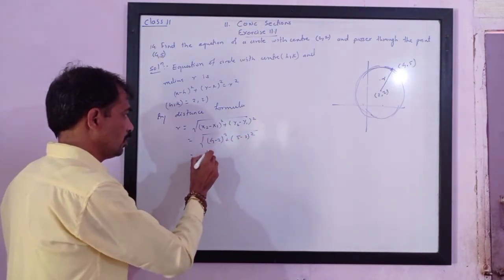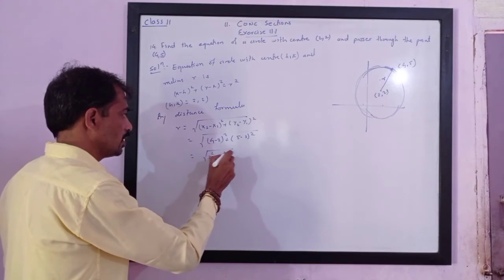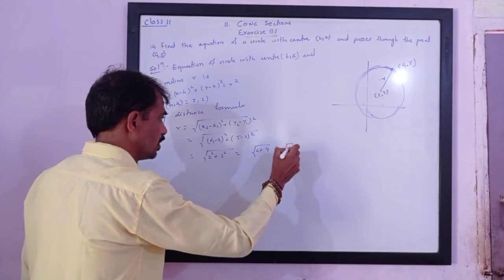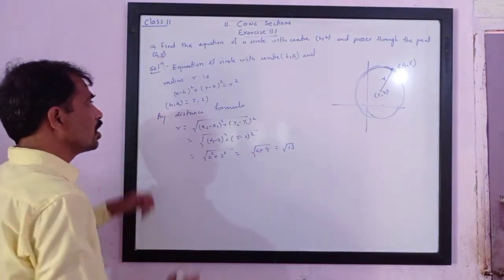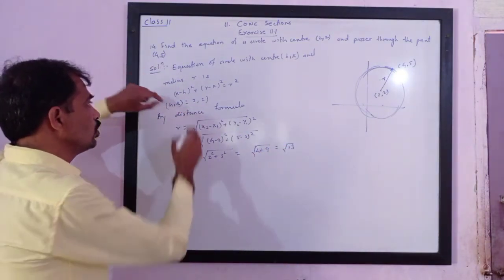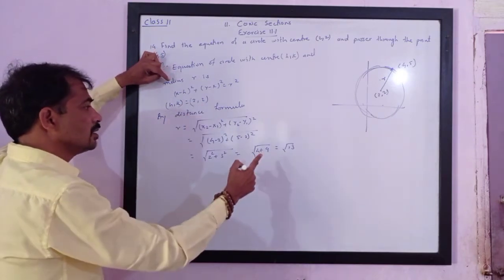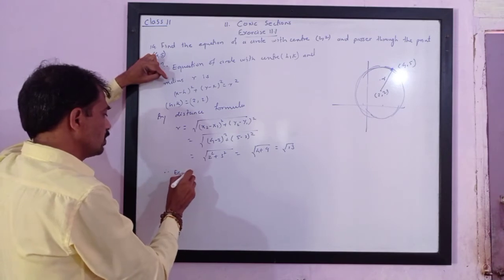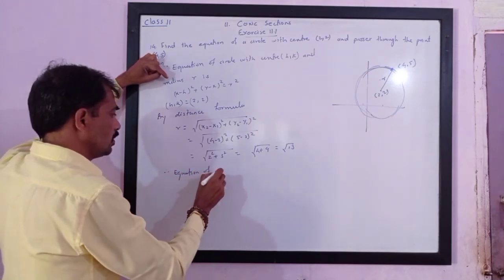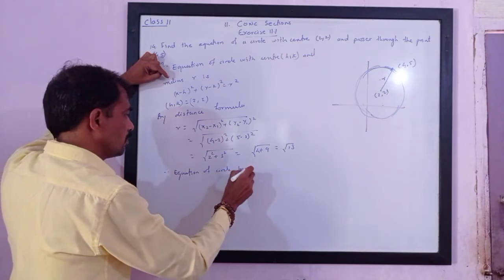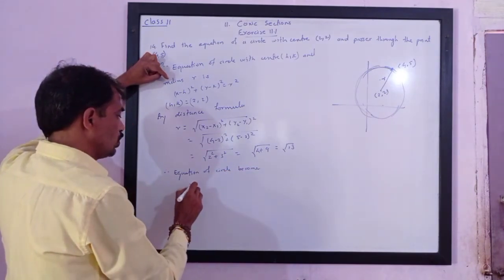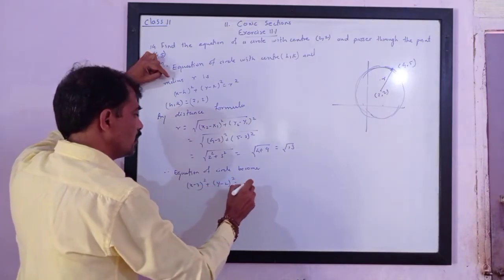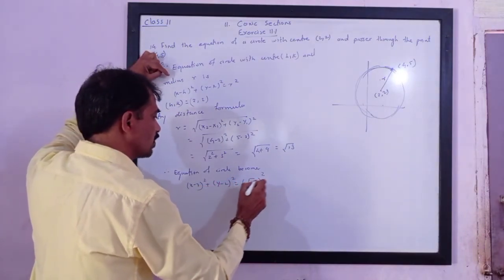So this will be under root 2 square plus 3 square, that is equal to under root 4 plus 9, that is equal to under root 13. It means equation of circle with center 2, 2 and radius root 13, therefore equation of circle becomes (x minus 2) whole square plus (y minus 2) whole square is equal to (root of 13) whole square.